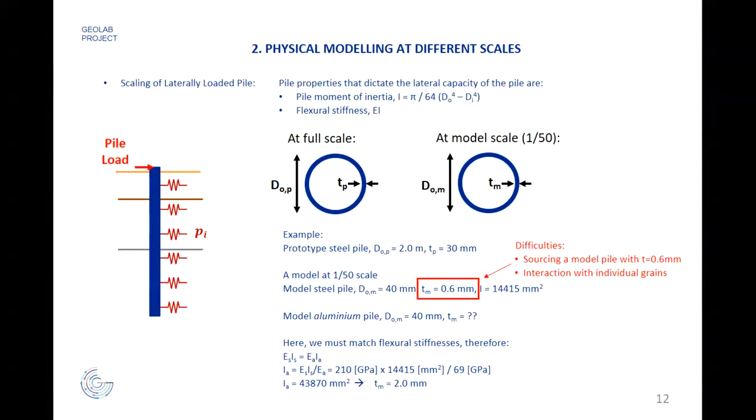As I mentioned previously, to have the right flexural rigidity, it could be a good idea in the centrifuge at small scale, in order to be able to make this small scale pile with a possible thickness, to change the material.